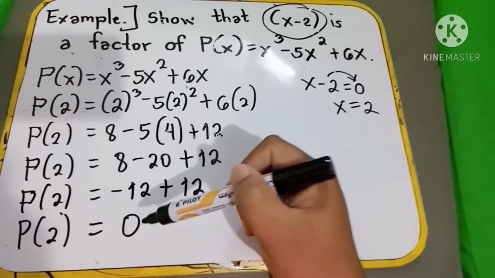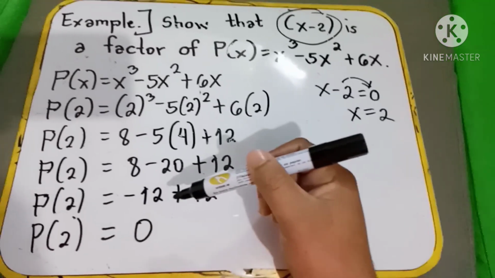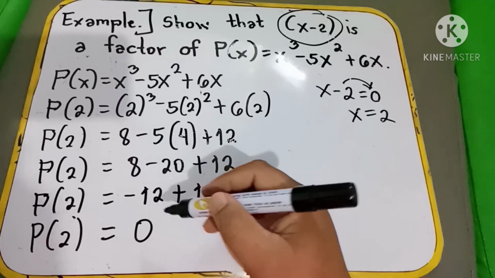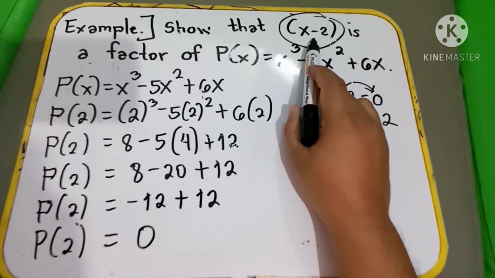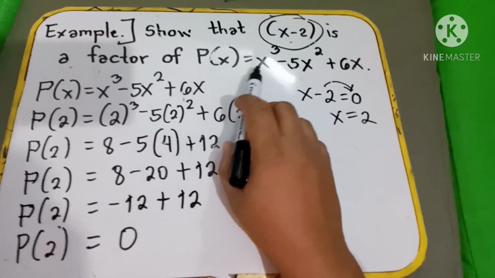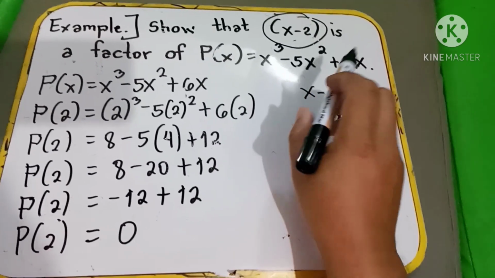Here in our example, the result is equal to 0. Therefore, x minus 2 is a factor of the polynomial x cubed minus 5x squared plus 6x.